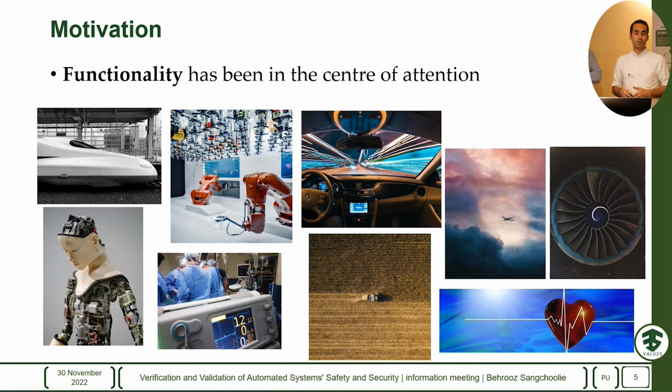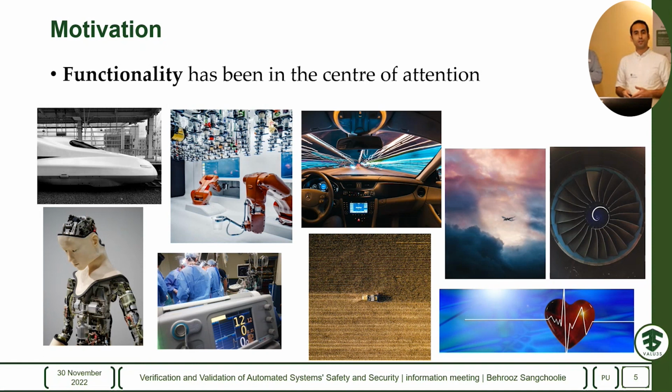Examples of some of these automated systems are, in the automotive domain, the intelligent transportation systems, in avionics the engine controllers, and in robotics it could be human-robot interaction. So one needs to make sure that these systems are evaluated properly and verified and validated, which, as I mentioned, is a very time-consuming and costly process.